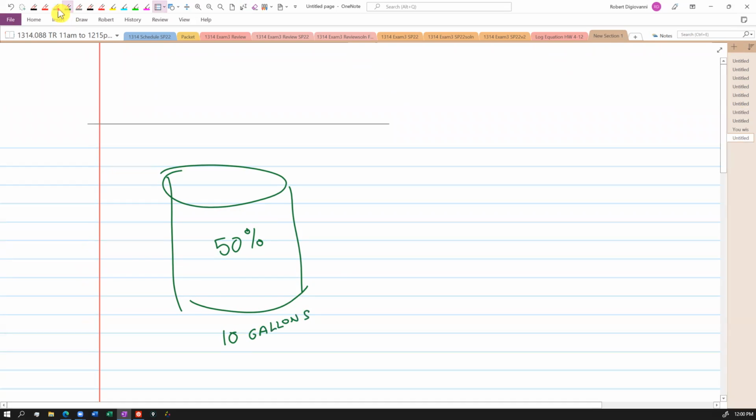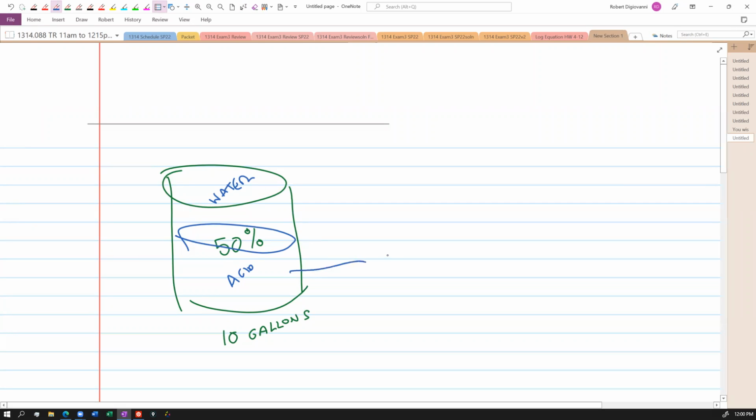Then you could imagine that half of this is acid, and the other half is basically water. So half of it would be water, half of it would be the acid. They're mixed together. So you've got 50% acid, 50% water. Make sense? So how many gallons of acid do I have? You have 5 gallons of acid and 5 gallons of water. That's simple enough to understand.